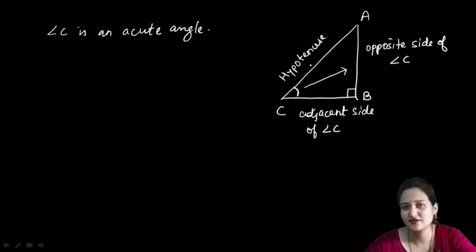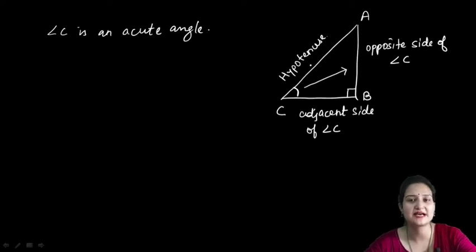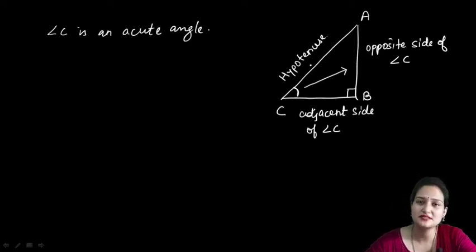Which side do we consider as a hypotenuse in a right angle triangle? The side which is opposite to the angle of 90 degrees. Angle B is 90 degrees. Therefore, the opposite side of angle B will be considered as the hypotenuse.